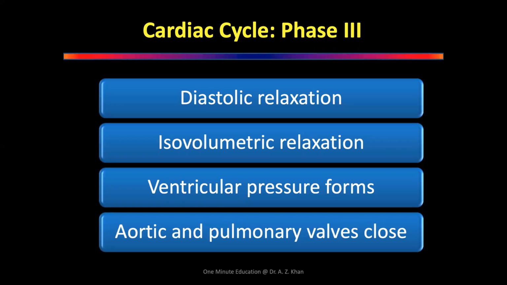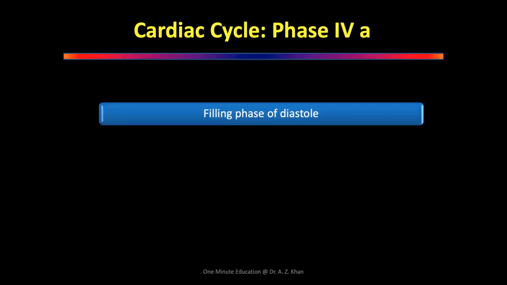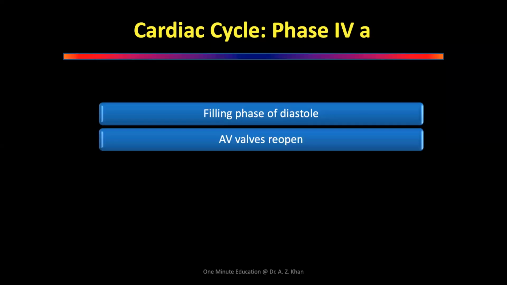shutting down. The moment the pulmonary and the aortic valves shut down, you enter into phase 4A. In 4A, there is filling, it's called the filling phase of diastole, where now the aortic and the pulmonary valves have shut down, but the mitral and the tricuspid valve open up.